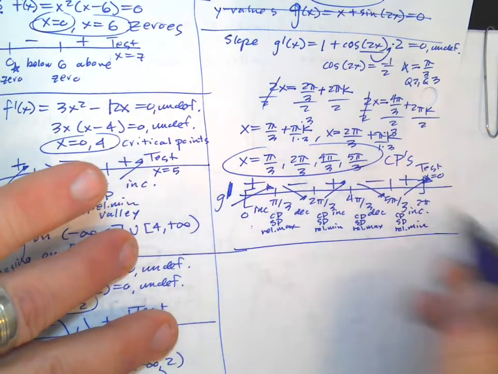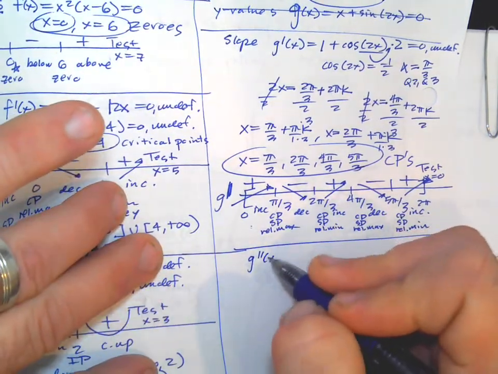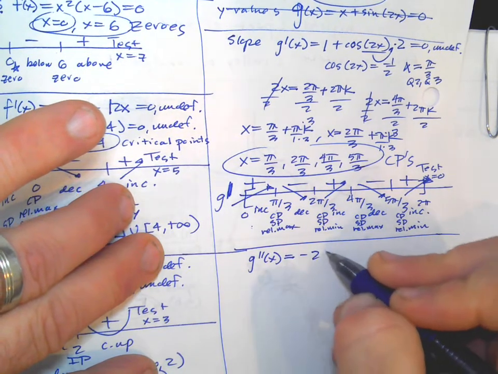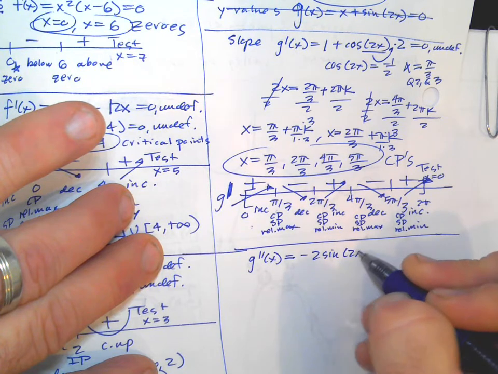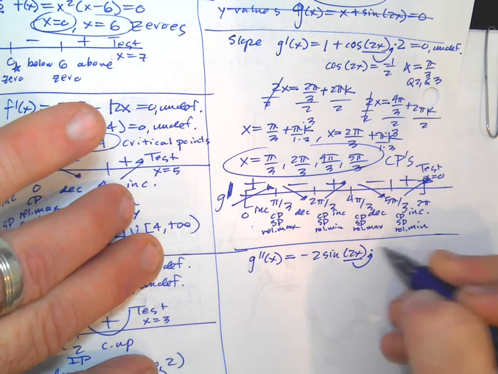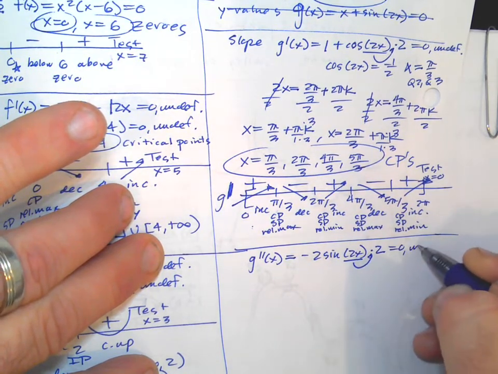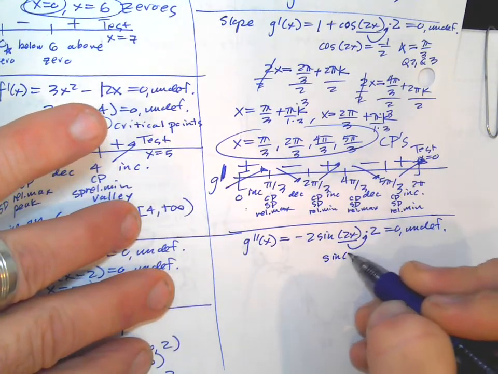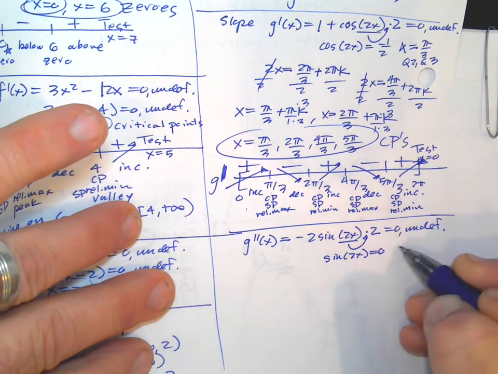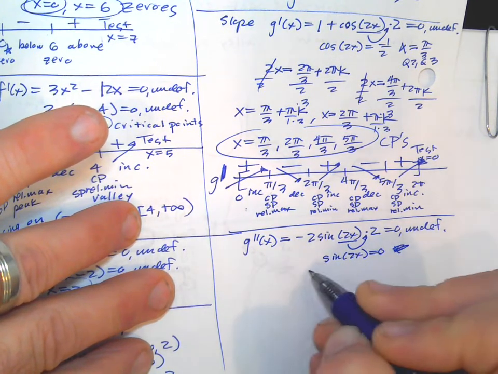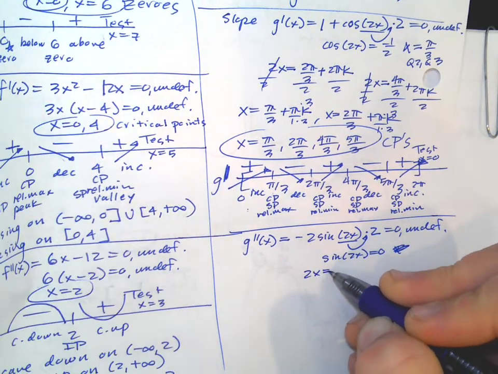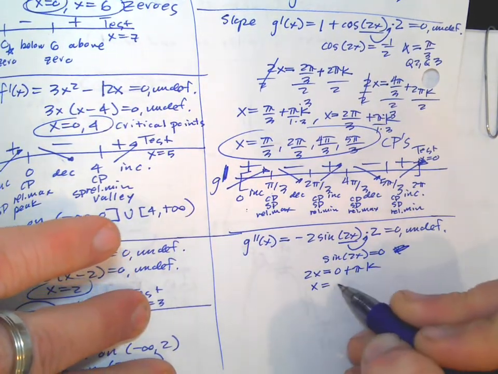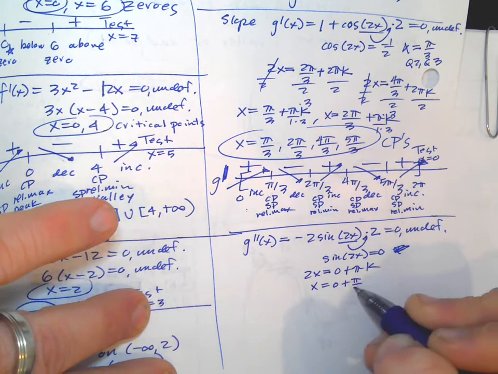The second derivative, g double prime of x, would equal negative 2 sine 2x, chain rule, times 2, equals 0 or undefined. So sine 2x equals 0. Sine equals 0 at 0 plus pi k. So we're looking for x equals 0 plus pi over 2 k.